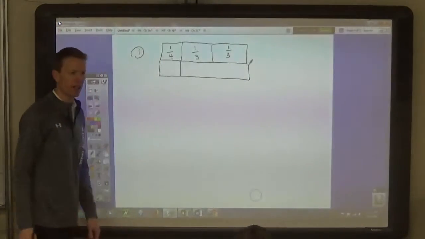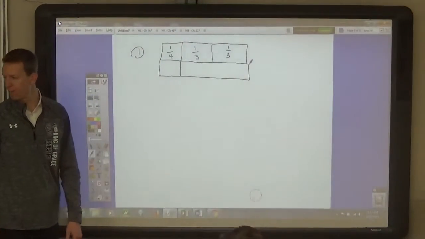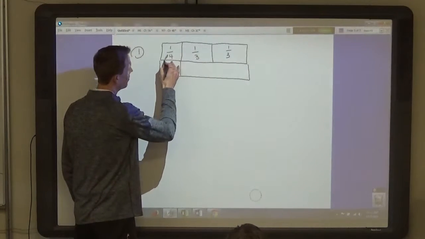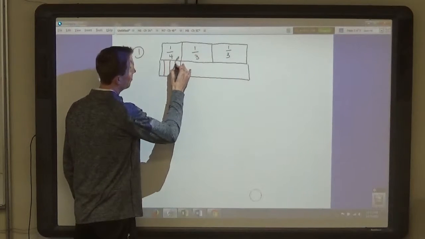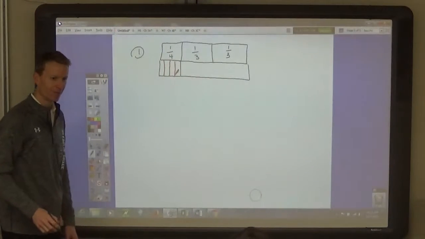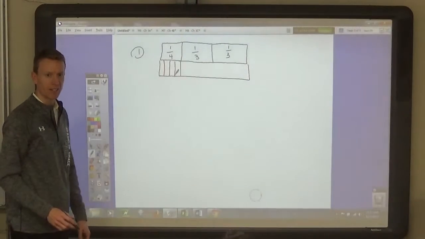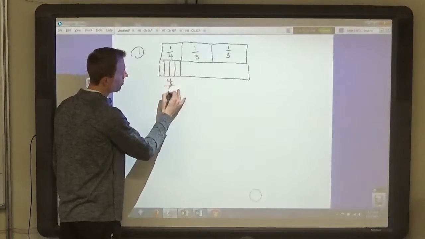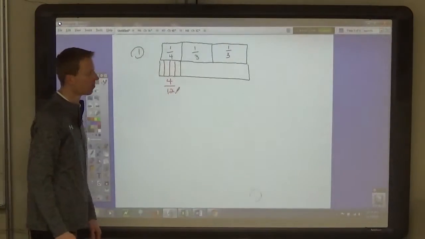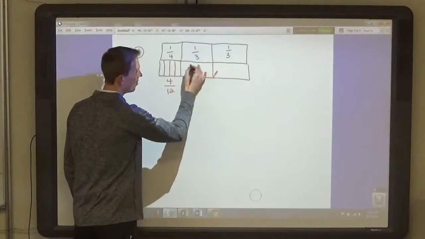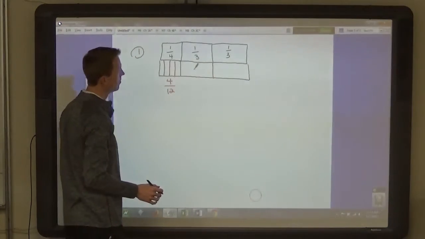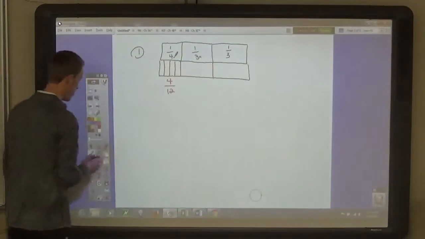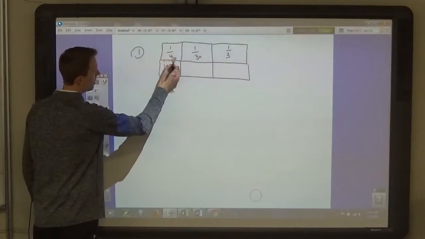And then below it, they're going to show you an equivalent fraction in what? What are these sizes in? These are in 12ths, aren't they? Yep. Oh wait, I'm sorry, I mixed this up.